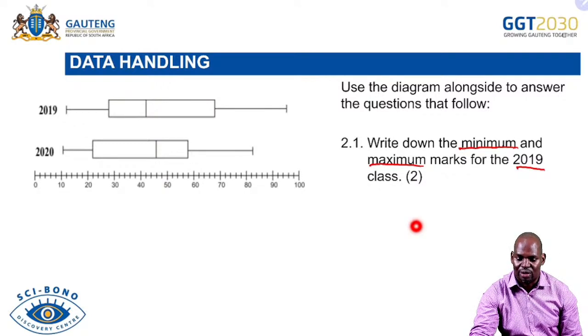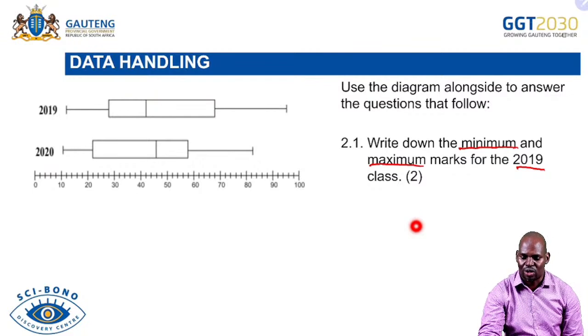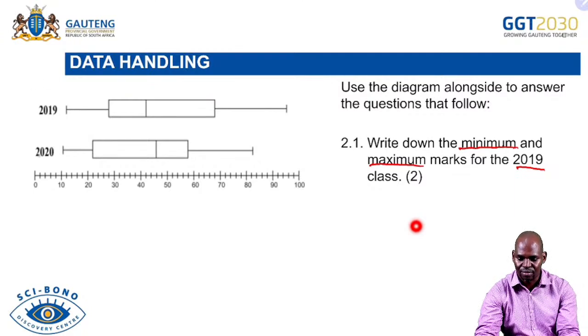We know that minimum is the lowest value and maximum is the highest value. In this case, it's going to be the lowest mark and the highest mark. Then we also have to make sure that we use the correct box and whisker plot, because there's one for 2019 and another one for 2020.